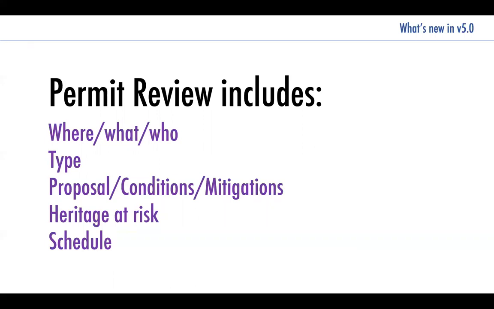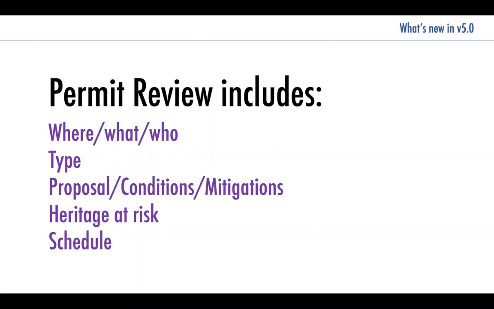The kinds of things you'll want to be concerned with are: where is the proposed building application taking place? What kinds of activities are proposed? Who is doing the proposal? What type of work will be done? If there are heritage resources nearby, are they at risk?